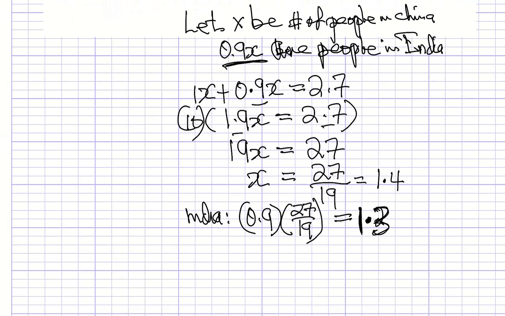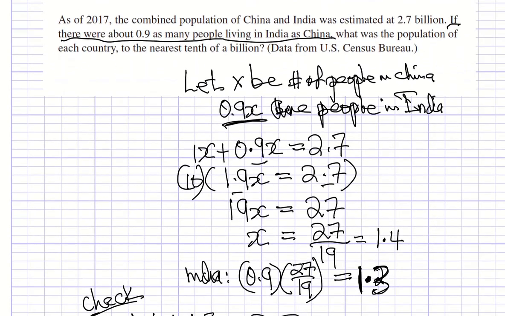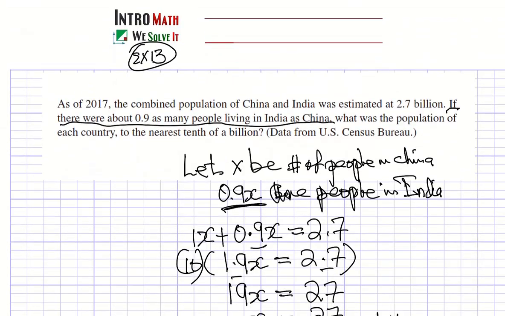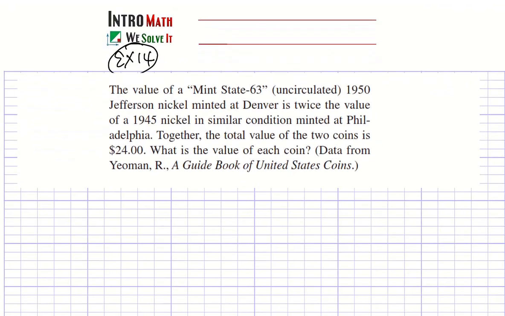So if you say 1.4 plus 1.3, this is to check, what do you get there? It's 2.7. See? It's checked out. That's what was giving us 2.7 right there in the problem. So we checked out. We'll move on to the next one.